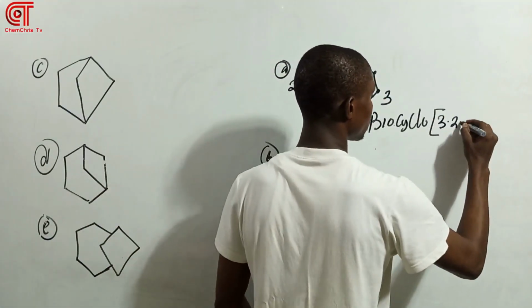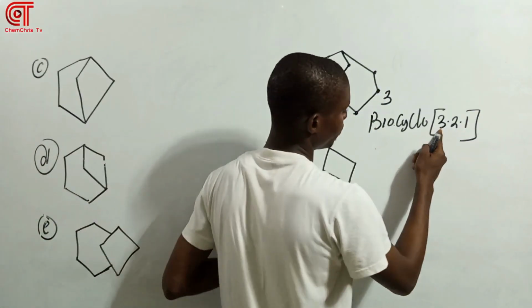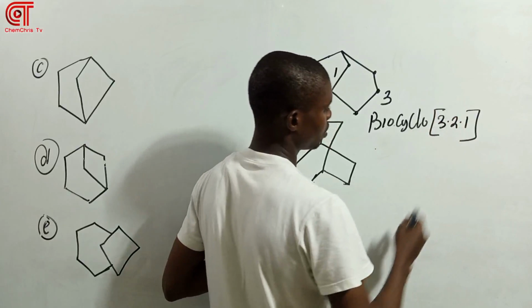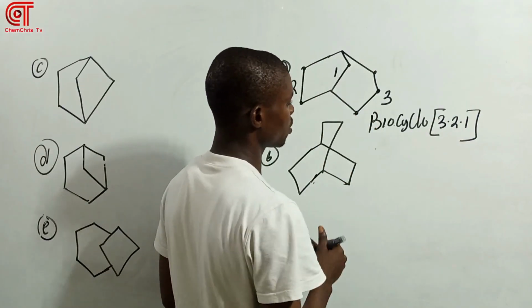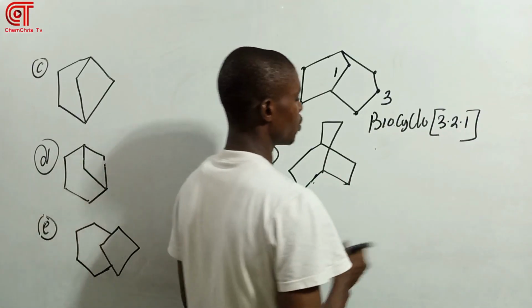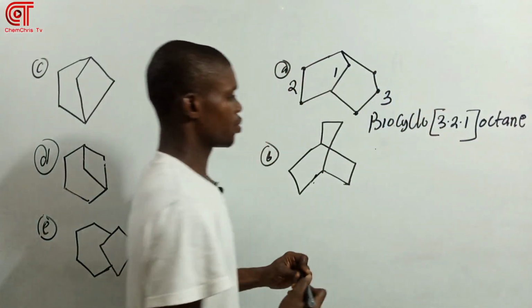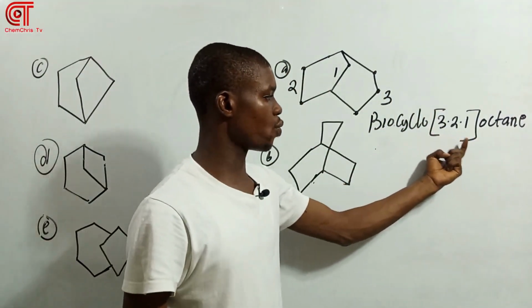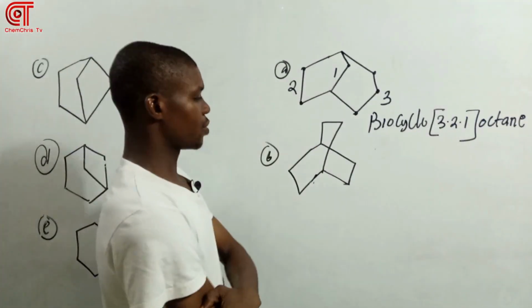The number of atoms: 3 plus 2 plus 1 gives 6, plus 2 here gives 8. So the total number of carbons is 8. So we're going to be bicyclo 3, 2, 1 octane. Do you understand?